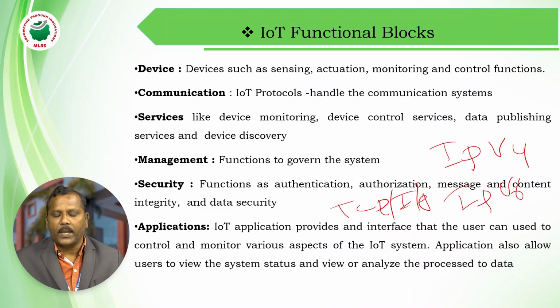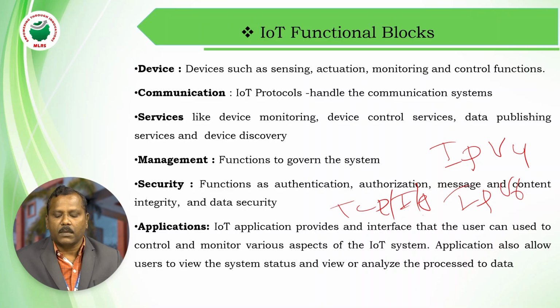Last block is the application block. The application interfaces with the user and allows the user to monitor the system, view the system status, and analyze the processed data. So these are the different functional blocks available in IoT.